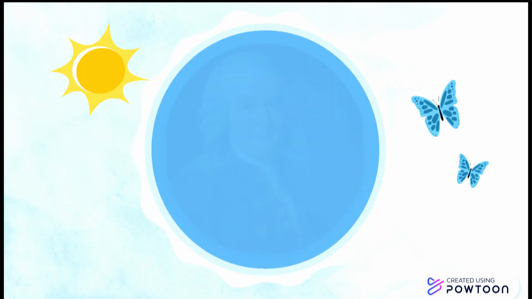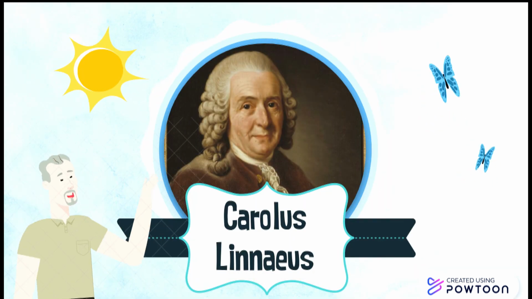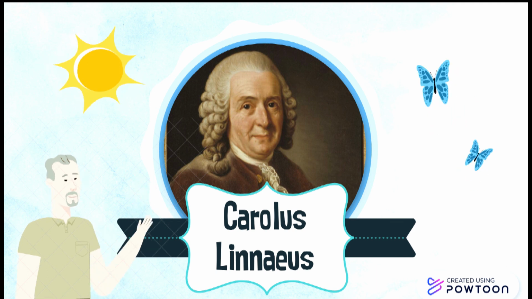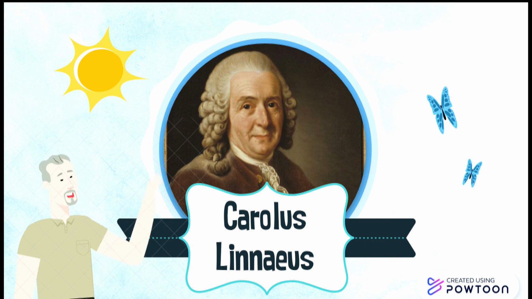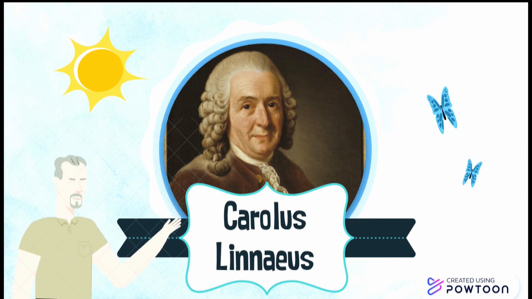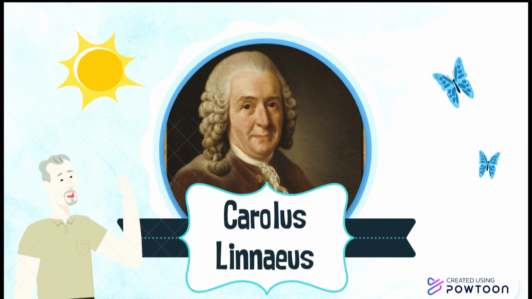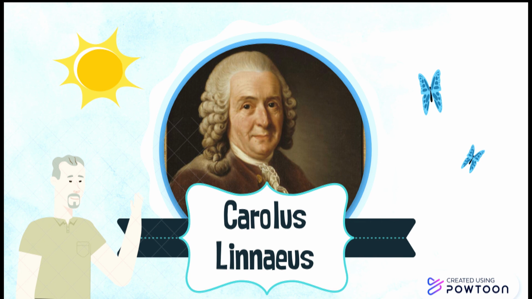Although humans have been classifying organisms by various methods since ancient times, Swedish biologist Carolus Linnaeus is considered to be the father of modern taxonomy. Carolus Linnaeus developed a 7-level classification system based on similarities between organisms.